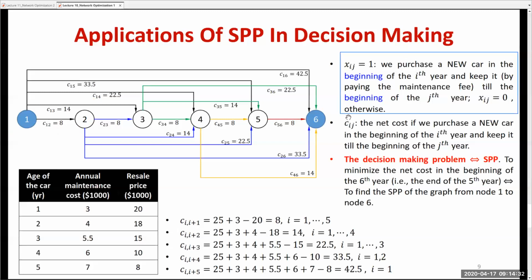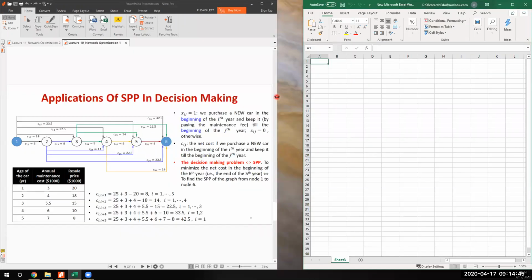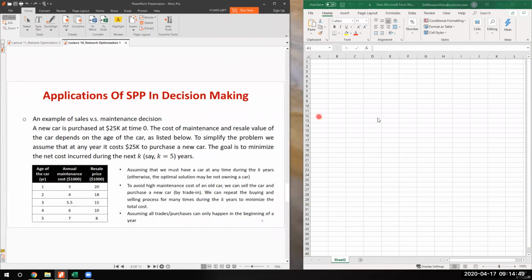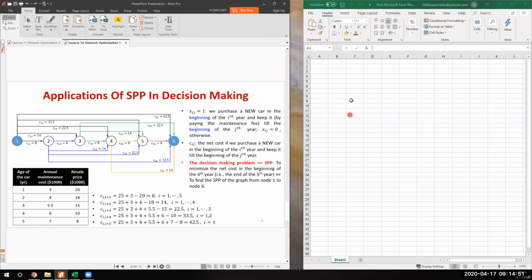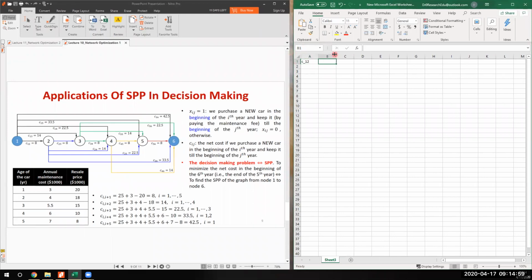Let me write this in Excel. C12, meaning again that I'm going to buy a car in the beginning of the 1st year and sell it at the beginning of the 2nd year.